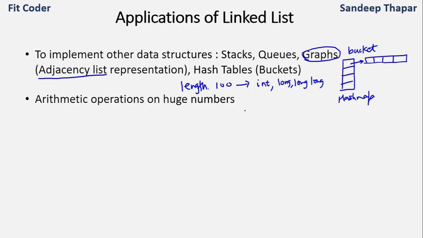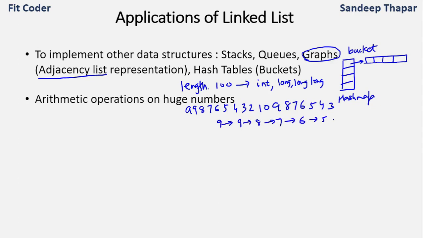How these are represented is, we can create a linked list of each digit. Let's say if the number is something like this, then we can have a linked list which is pointing to all these numbers. So each node will be a digit and a pointer will be pointing to the next digit. If we have to do some arithmetic operations like addition, multiplication, subtraction on such huge numbers, we make use of the linked list.